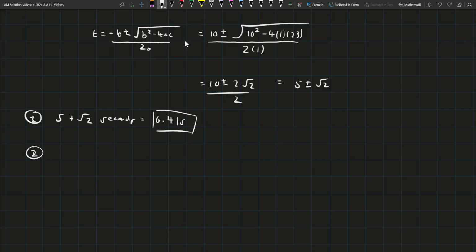And then for your second answer, you'll get 5 minus root 2 seconds. Or just in case they were looking for a decimal, you can put that into your calculator and you will get 3.59 seconds to 2 decimal places. And that should be the correct answer there.